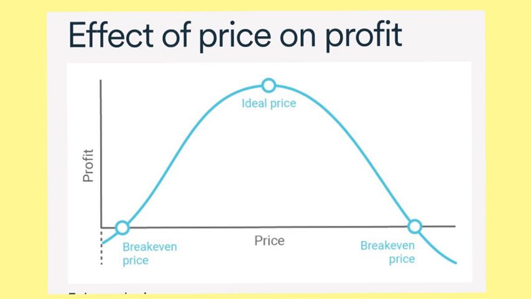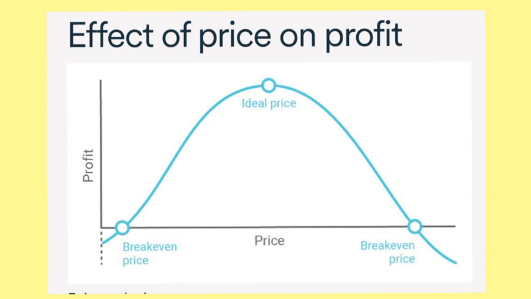In business, you might look at the effect that price has on profit. So you might draw a graph of price against profit. And as you can see from this graph, as the price increases, initially the profit also increases until it reaches a maximum.